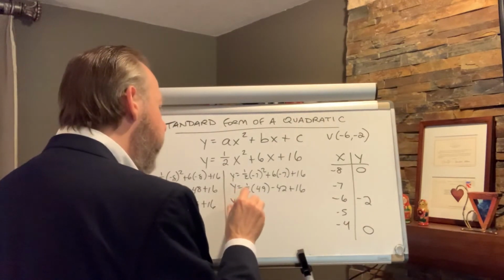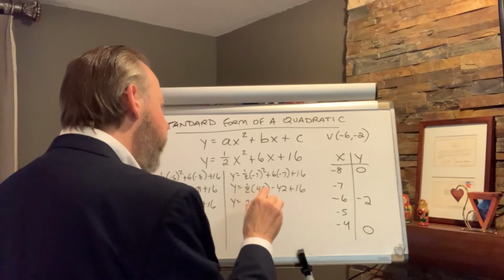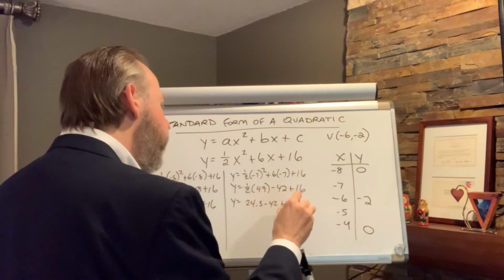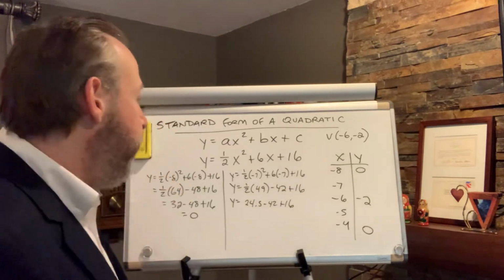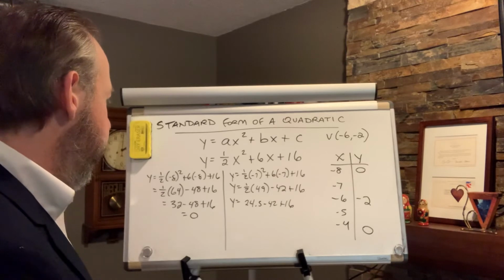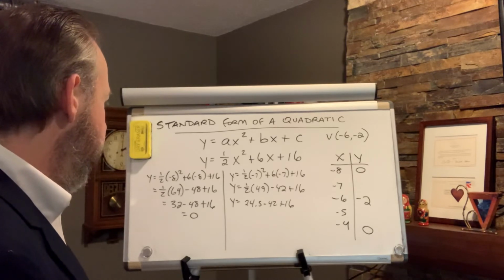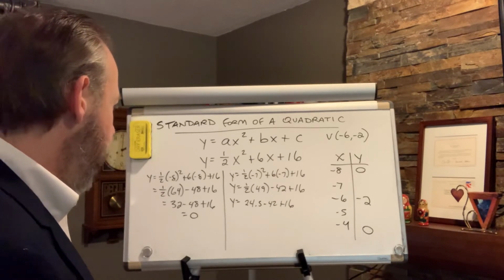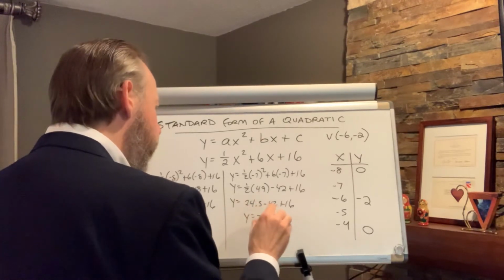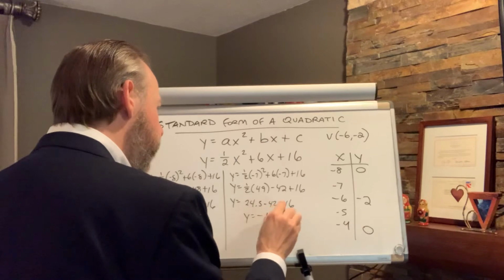Half of 49 is 24.5 minus 42 plus 16. 24.5 minus 42 is negative 17.5. Right? And if I add 16 to that, I get negative 1.5, right?